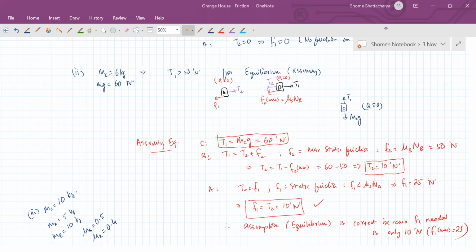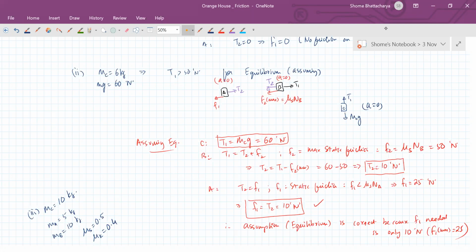Yes, you can make the combined FBD one, that's correct. But the thing is, then for the combined FBD, you will get the acceleration. But to find out the individual friction on each block, you will have to later again make FBD of each block.